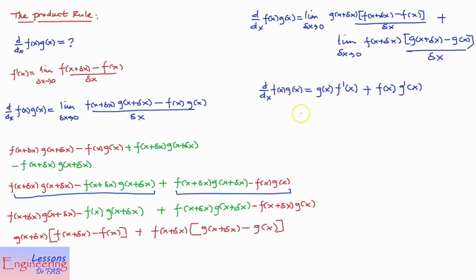Okay, we can rewrite this by using the notation of d by dx. So d by dx of f of x times g of x equals d by dx of f of x times g of x plus f of x times d by dx of g of x.